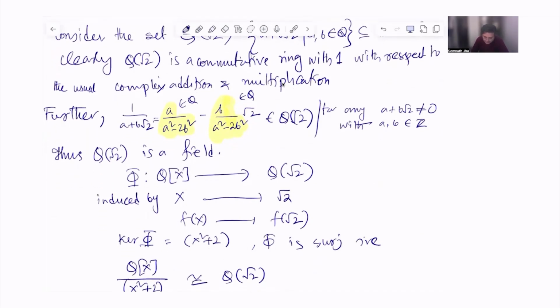Further, as I said, I'll mimic the construction from Q[x] to Q(root 2). You have this map, x going to root 2, f(x) goes to f(root 2). Like there we had sent x to i, or f(x) to f(i).